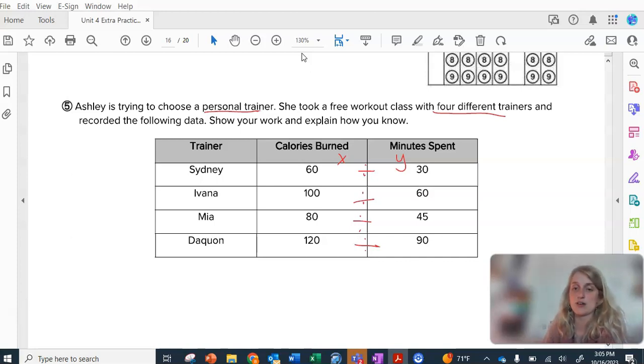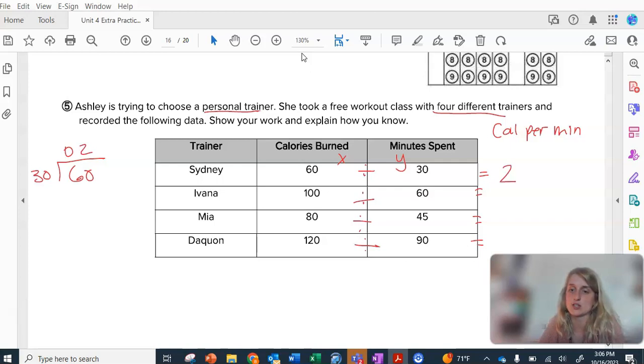And then you're going to figure out who's the best trainer. Unlike the cost ones, the best trainer here is going to be the person who caused you to burn the most calories. So we're looking for calories per minute, which means calories are the numbers going inside, minutes are the numbers going outside. 30 goes into 60 2 times.